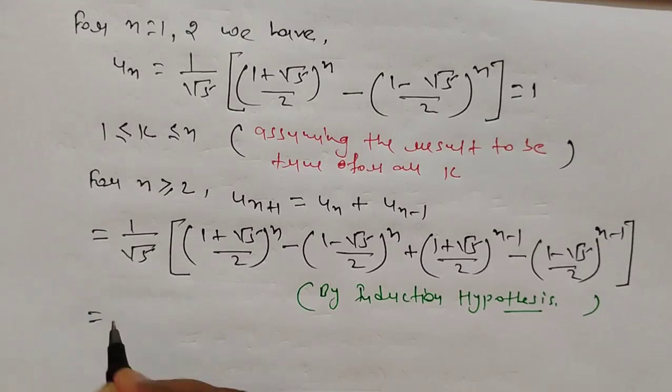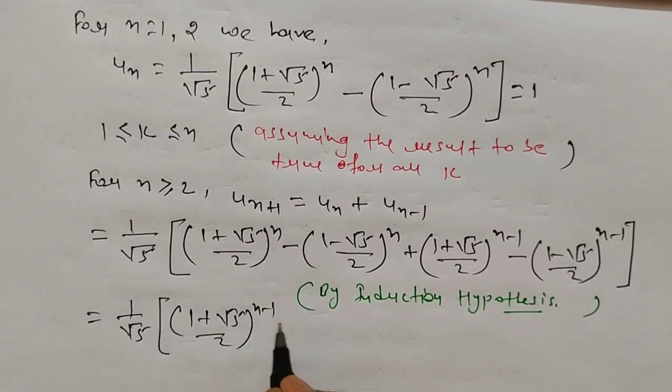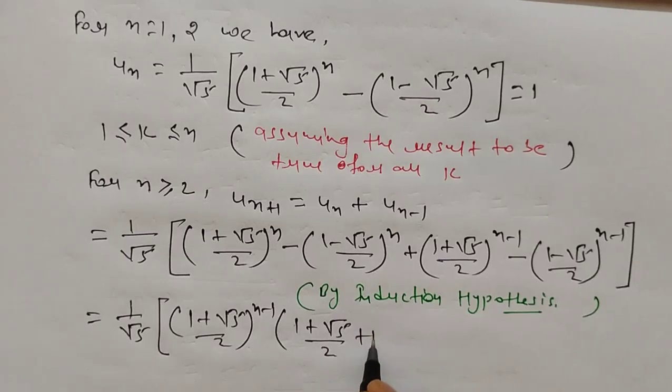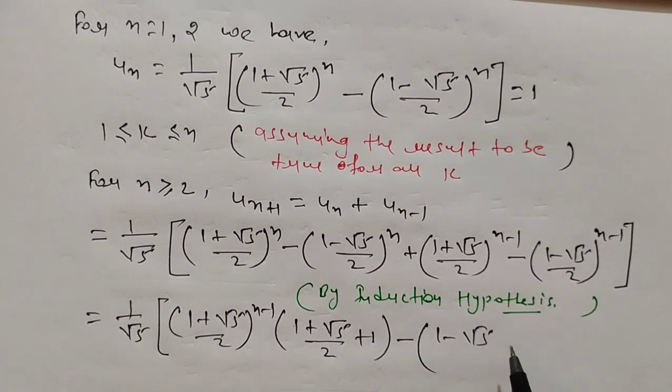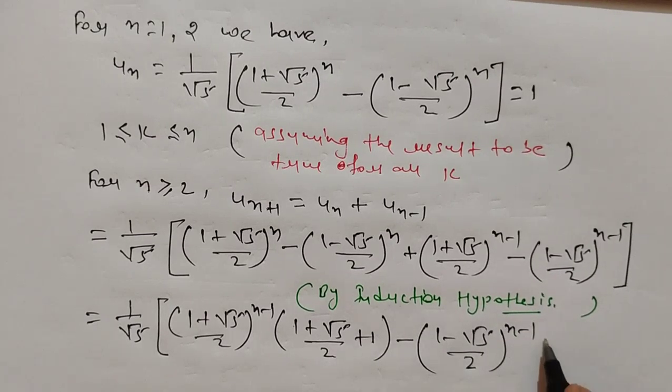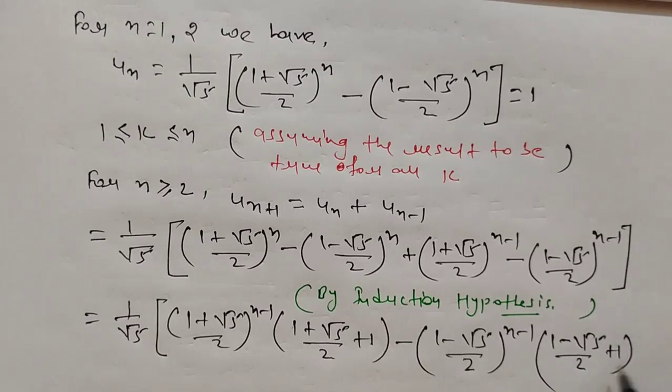Now this will be equal to 1 by square root of 5, ((1 plus square root of 5) by 2) power n minus 1 into ((1 plus square root of 5) by 2 plus 1) minus ((1 minus square root of 5) by 2) power n minus 1 into ((1 minus square root of 5) by 2 plus 1).